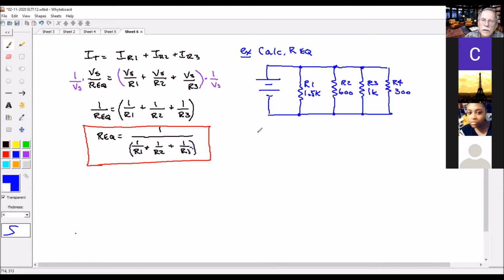If I wanted to calculate REQ, take all the reciprocals and then take the reciprocal of that.